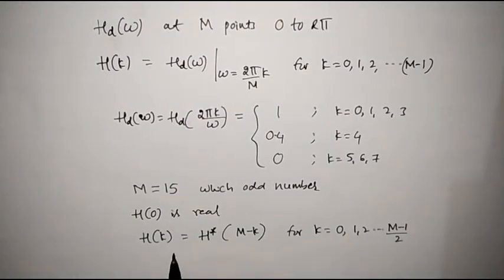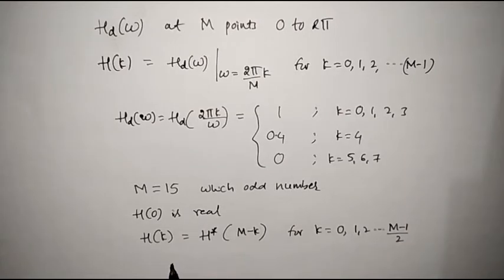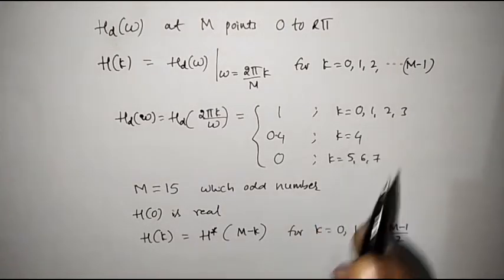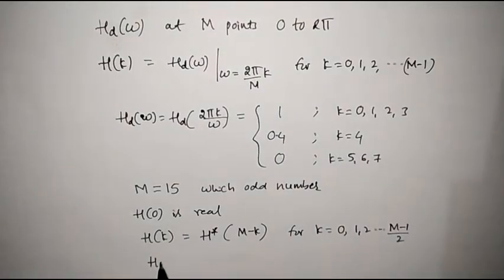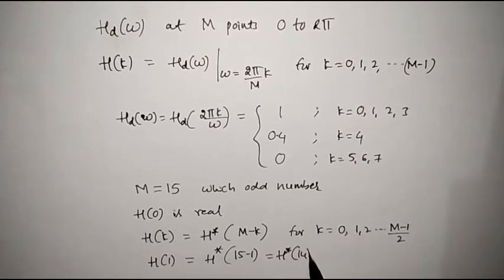With the help of this formula, now let us find the remaining samples from 8 to 14. We know that H of 0 is real and its value is 1, which is given in the problem itself. Now we take H of 1. H of 1 is equal to H star of 15 minus 1, which is nothing but H star of 14.